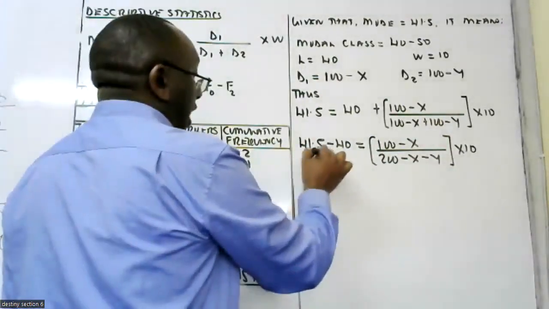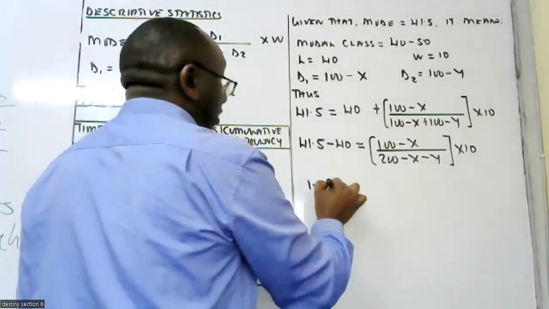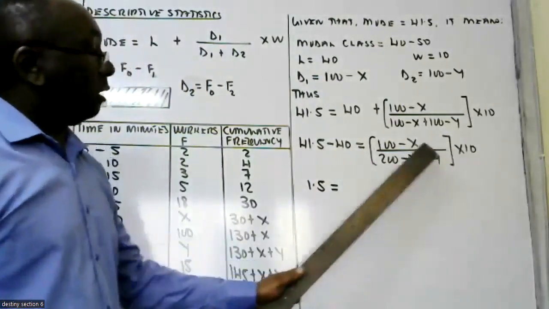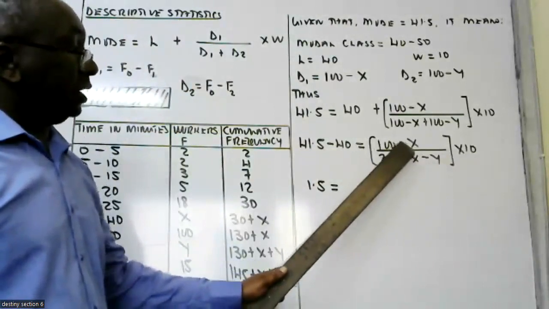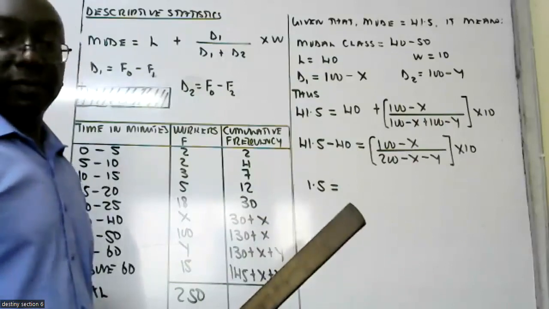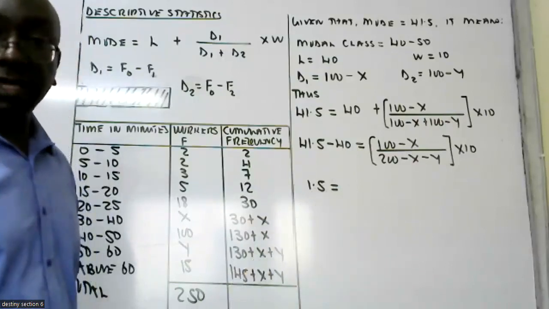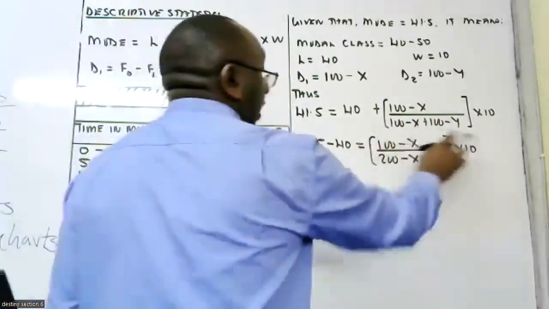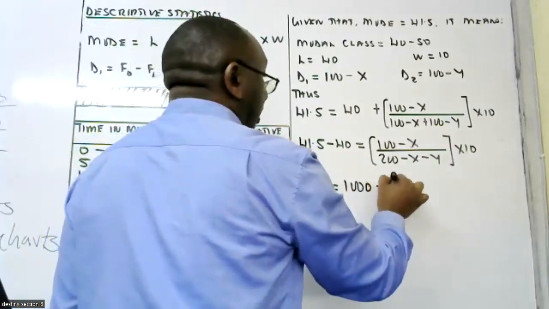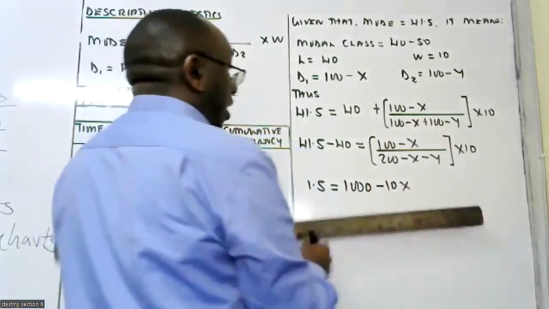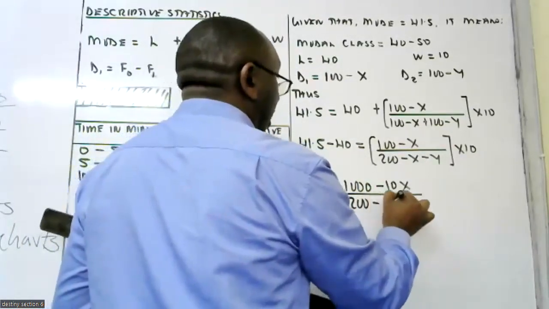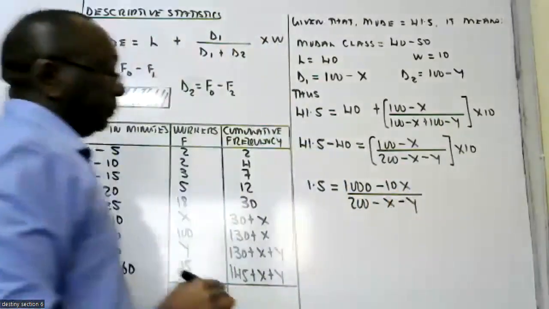So this becomes 1.5 equals. Here I can either open the brackets, multiply by 10, or bring it here to divide so that I end with 0.15. Either can do. Let me multiply 10 times 100, that gives 1,000 minus 10x, divided by 200 minus x minus y.